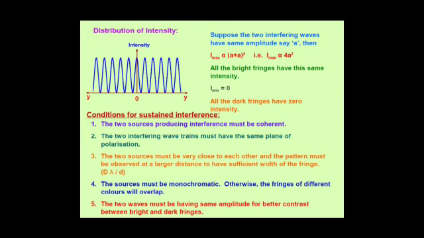The two sources should be close to each other, and they should be placed at a sufficient distance from the screen so that a good width of fringes is obtained. The source of light should be monochromatic. If we use light of mixed colors, then fringes of different colors will be formed, which will be mixed or overlapping.